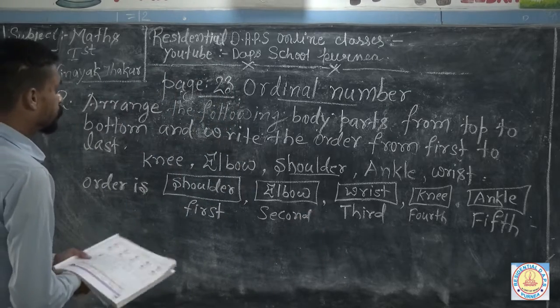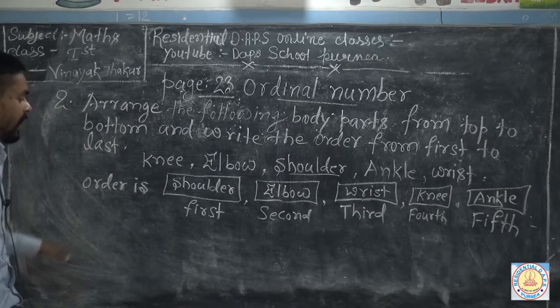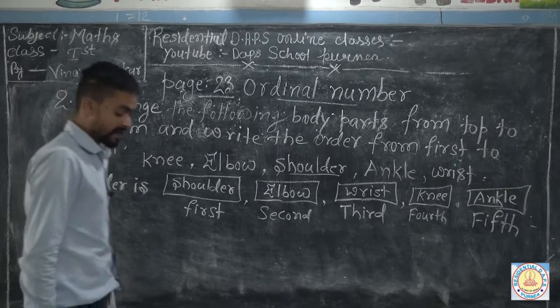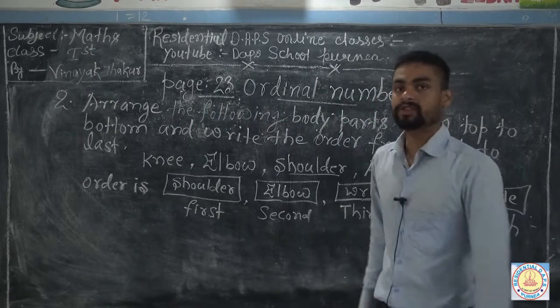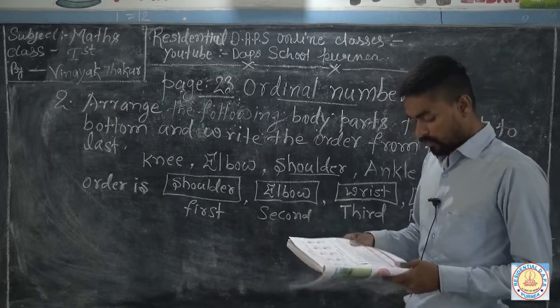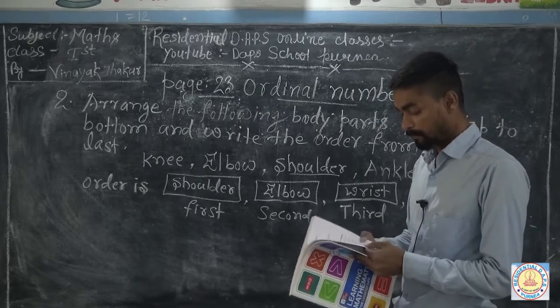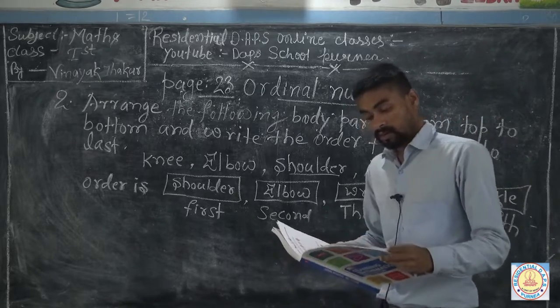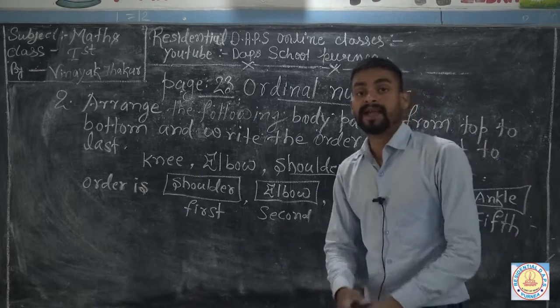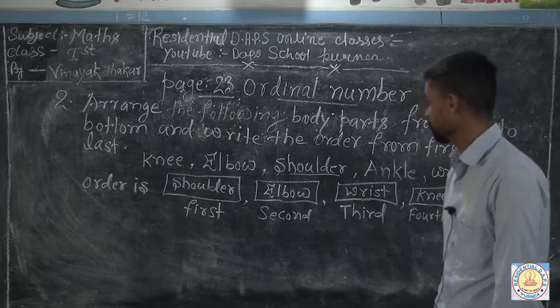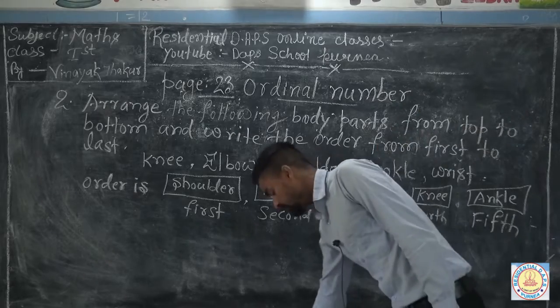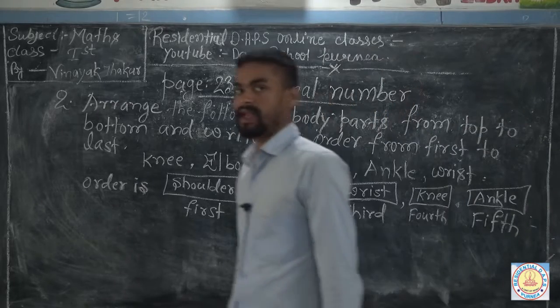So this is your question number second, and I'm putting the right order from top to bottom. So I'm going for your practice set 1.5, and I'm sure that you can understand me very well.